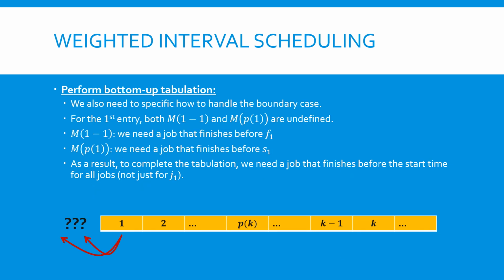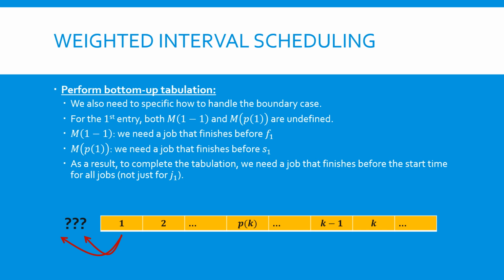For the boundary case, we need to specify how to compute the first few entries in the DP table, as their dependent subproblems may be undefined. For instance, consider the first subproblem M1, which corresponds to the job with the earliest finish time among all jobs. The subproblem M0 is associated with a non-existent job that would end before F1, the finish time of the first job J1.